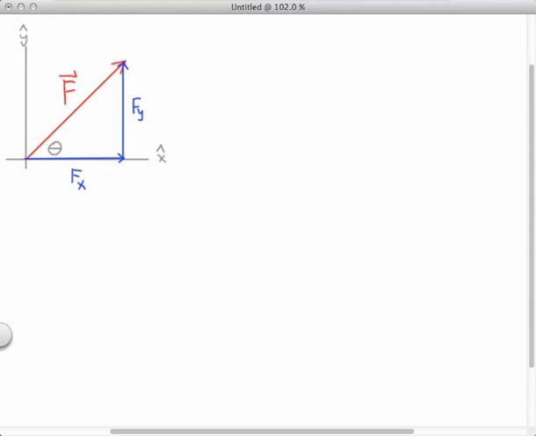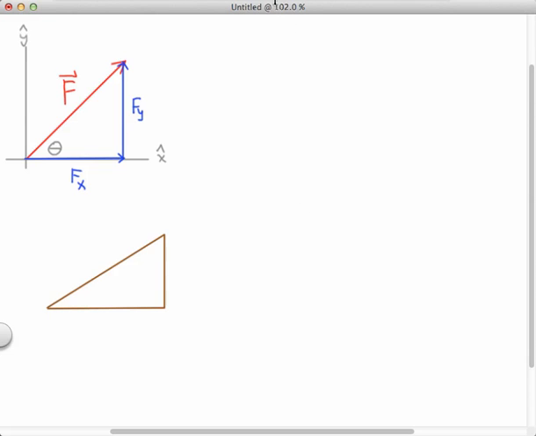So the way we find those is we use a little bit of trigonometry. So I'm going to construct another triangle here that's going to look like that triangle. So it's a right triangle because it has a right angle.